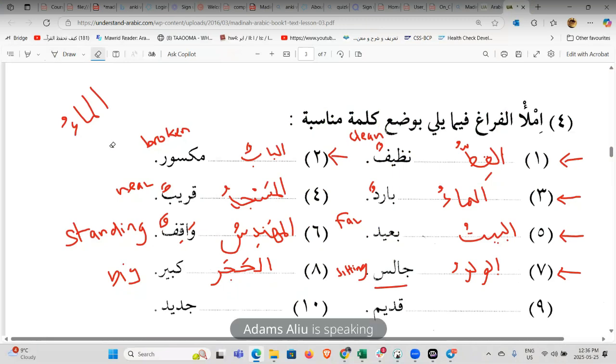You cannot have tanween on the alif lam. Al-hajaru kabirun. The rock is big. Exactly, you cannot have both the al and the tanween.